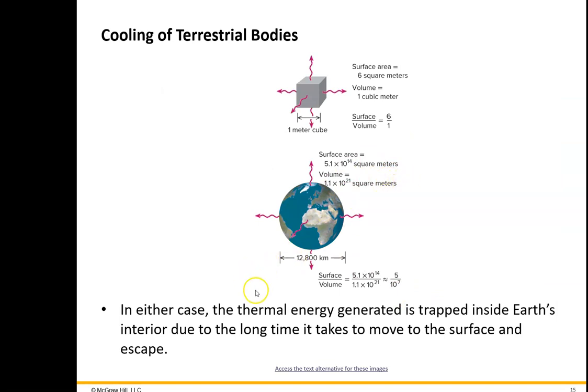And the other thing about this is, if you looked at all the different solids, imagine a cube, and you compare the surface area to the volume of a cube, and then you took the Earth, which is almost perfectly spherical.